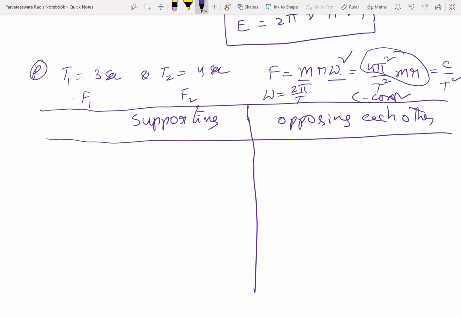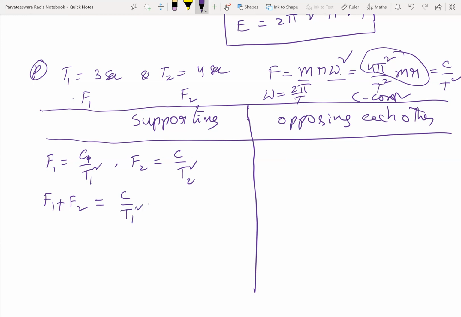So now F1 will be C by T1 square, F2 is C by T2 square. They are supporting each other means F1 plus F2. Sorry, not F1 minus F2, both are different.